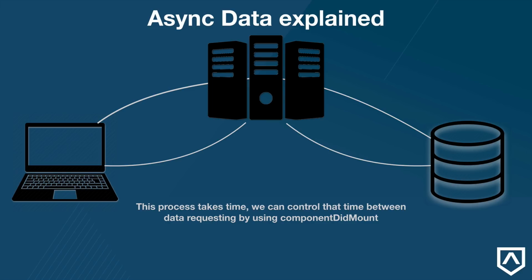This process takes time. So what we can do with componentDidMount is control this process of data requesting in our components. That way, when we request some data, if we don't have that data back, we can show a message to the user that explains that we don't have that data.